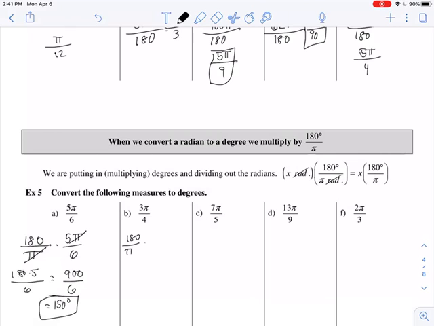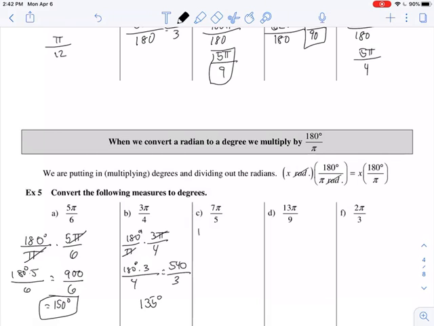Okay, same thing here, right? 180 over pi times 3 pi over 4. I know I'm going to degrees because my pi's are going to cancel out. I'm going to have 180 times 3 over 4. That's going to give me 540 over 4, which when I divide that out, that's going to give me 135 degrees. Okay? I should probably put my degree mark up here too. Okay? Same thing.